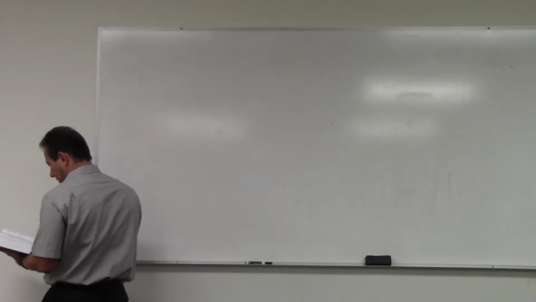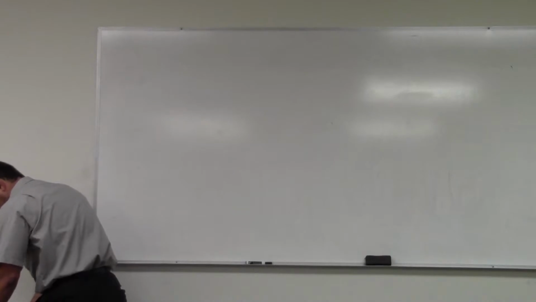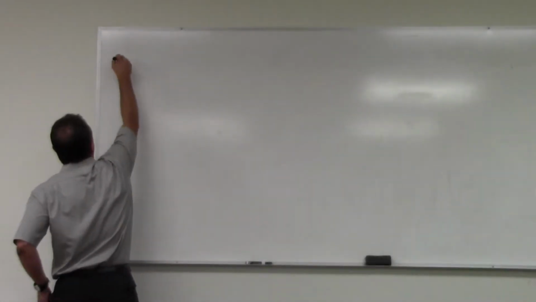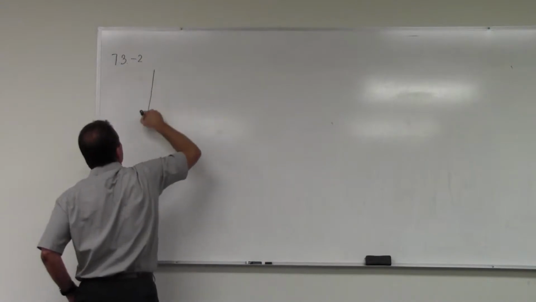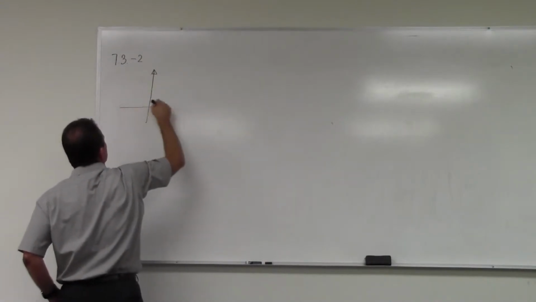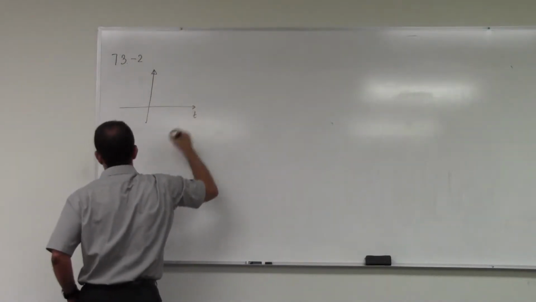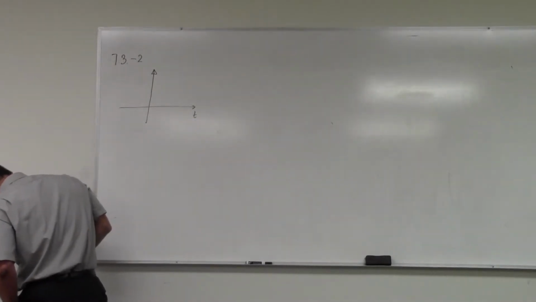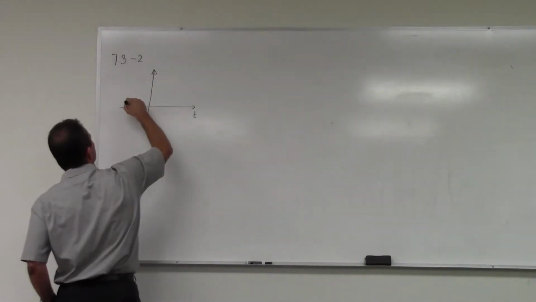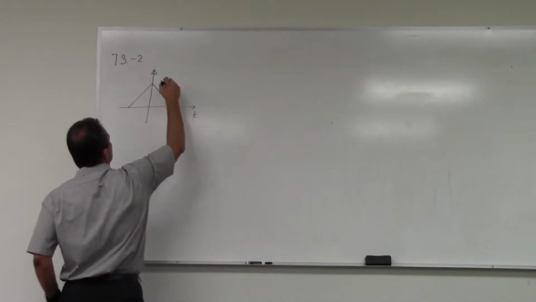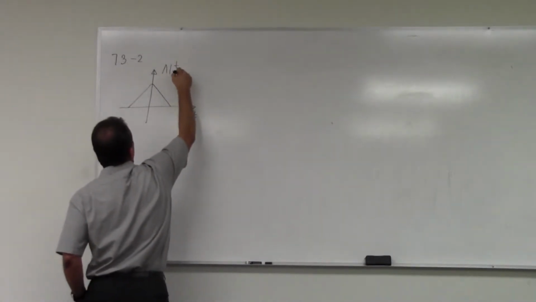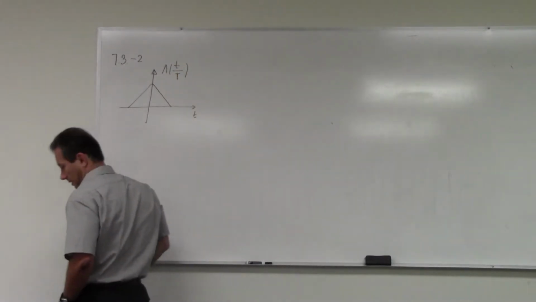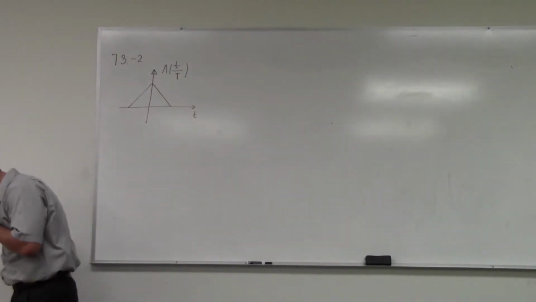Okay, use this information, show that, all right, so it's 7.3-2. We are looking at the signal that looks like this. Let me just draw it. This is what we call lambda t over tau. Right? And that's a triangular pulse.